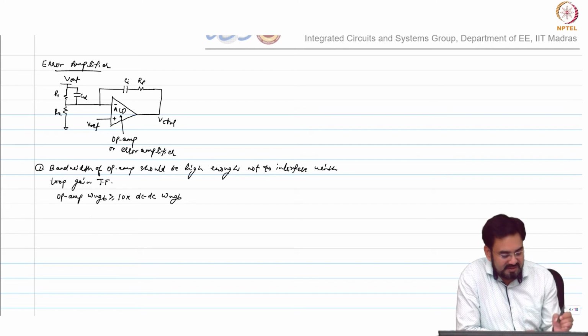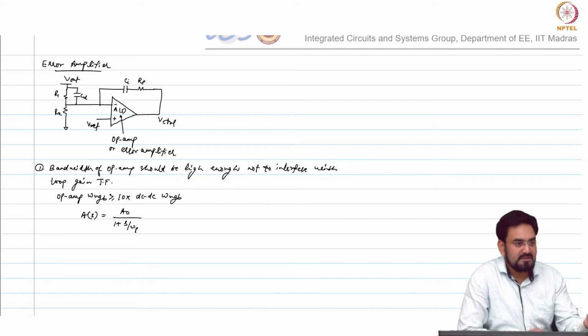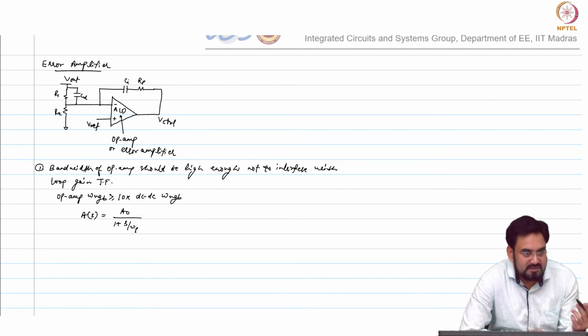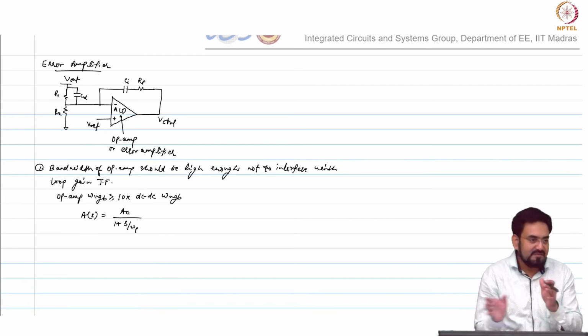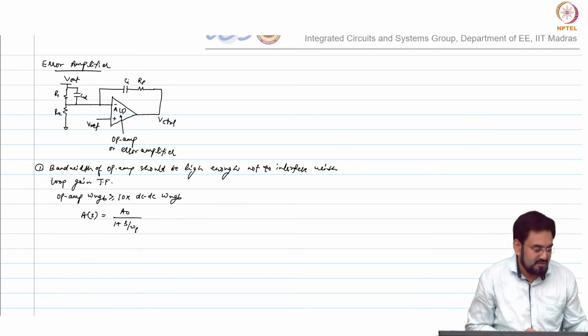So if this is A(s), then A(s) equal to A naught over 1 plus s over omega p. So omega p will be the 3 dB frequency. So UGB of op amp will be A naught times omega p. So that UGB should not interfere. That's the UGB which you want to keep outside your UGB, so that you get enough bandwidth.